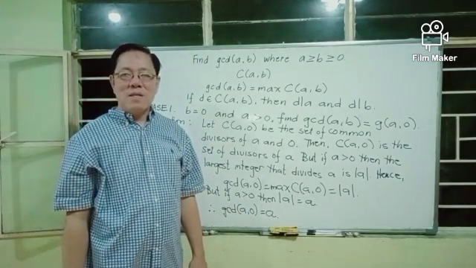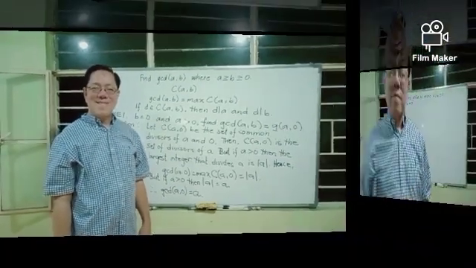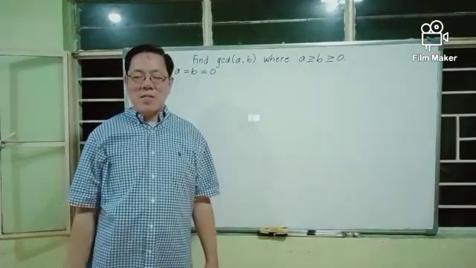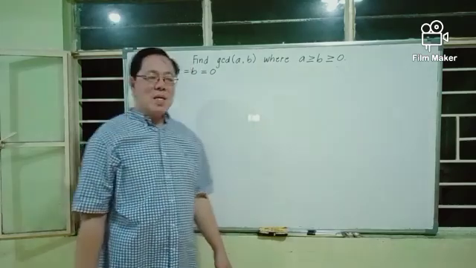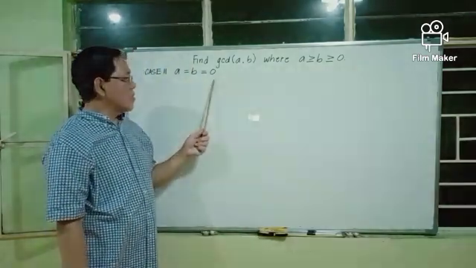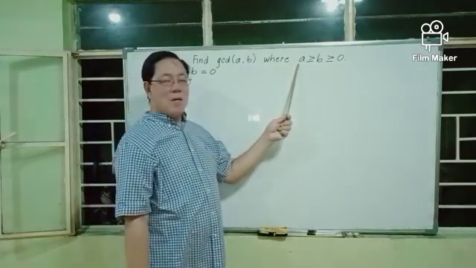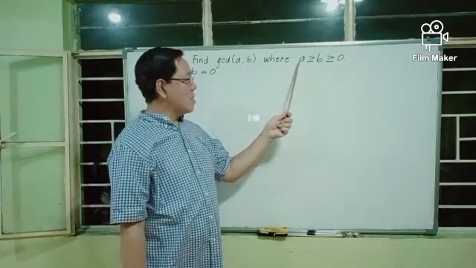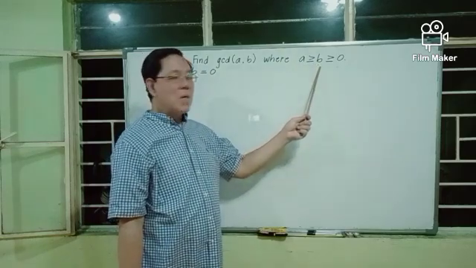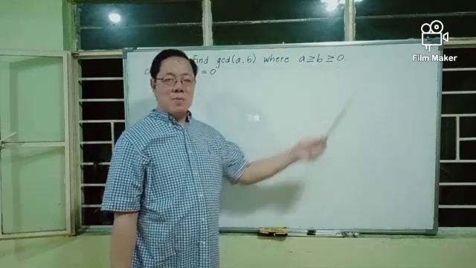We now consider the second case. Now consider case 2 as another set of values for A and B. But in case 2, we let both A and B be equal to 0. If A is 0 and B is 0, this inequality is satisfied. A equals 0 and B equals 0.